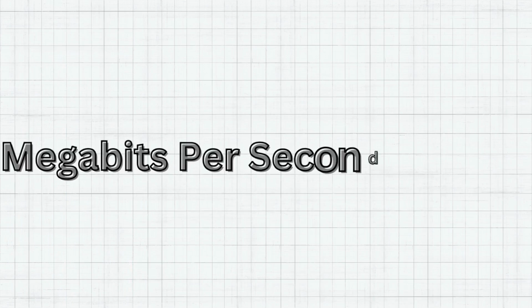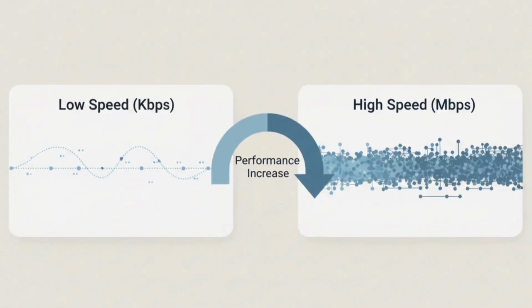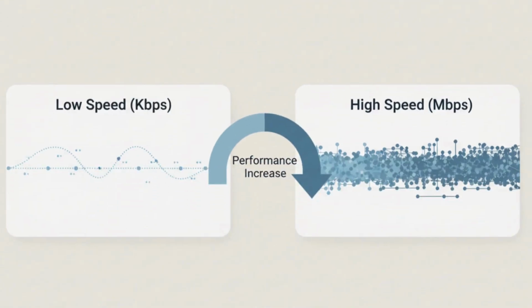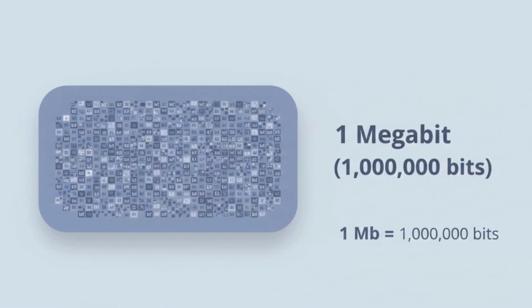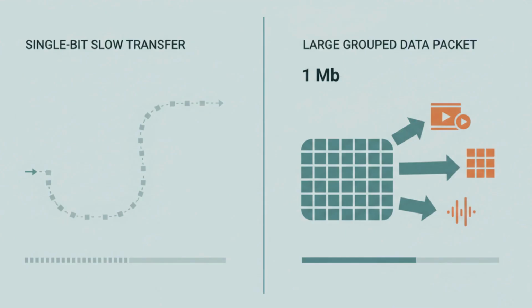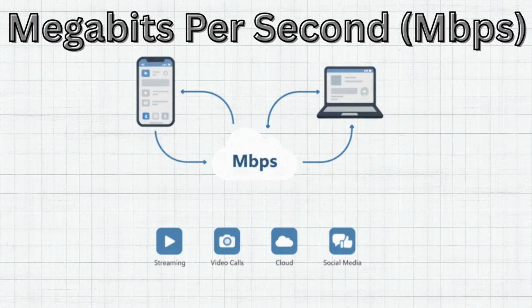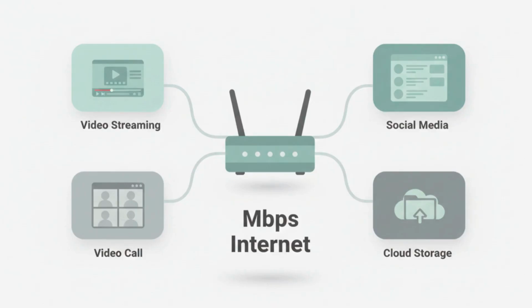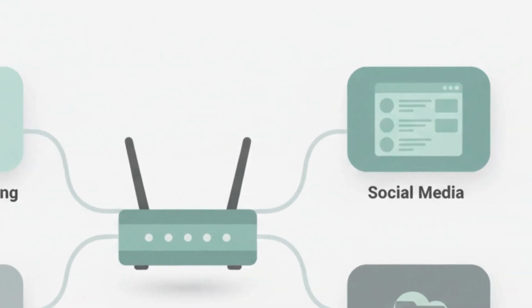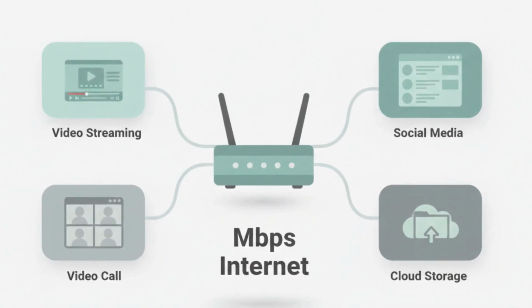Megabits per second, or Mbps, marked a major leap forward in internet performance. 1 megabit equals 1 million bits, allowing data to move fast enough for richer content. This unit became the standard measurement for home and mobile internet connections because it supports modern online activities like video streaming, social media, video calls, and cloud services.